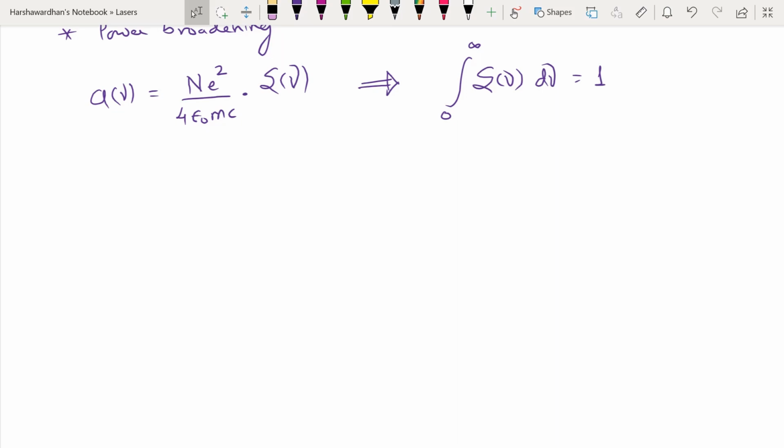What the collision does is that these atoms are responding to an external electromagnetic field which is driving the atoms at its frequency omega, and the collisions basically interrupt this response, these driven oscillators.